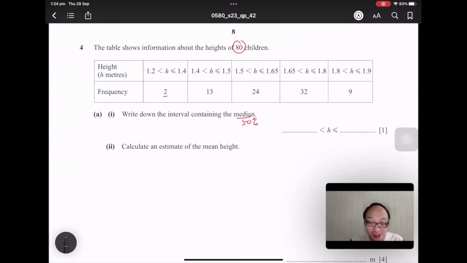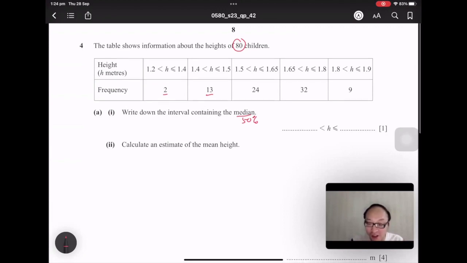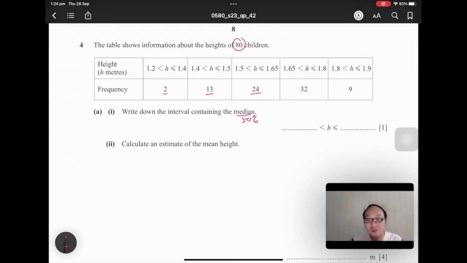So this is 2, this is 15, yeah, the total 15. 15 plus 24 is 39. So 39 plus 32 will be 71. So that means the 40 will be in this class, 1.65 until 1.8.